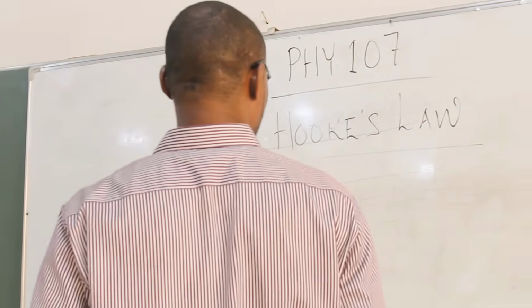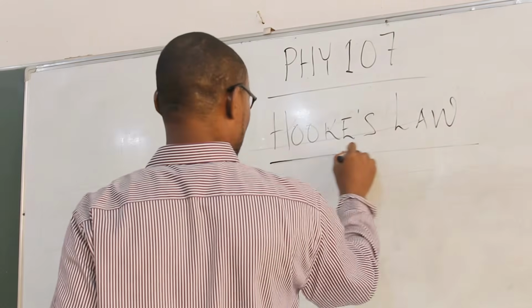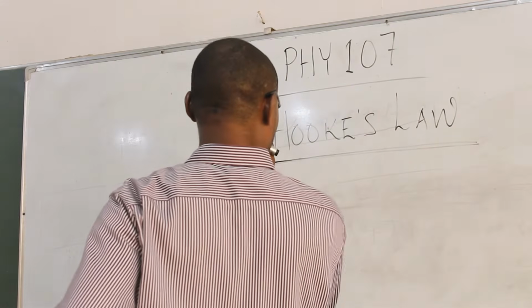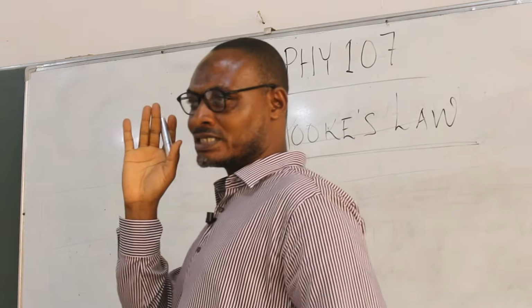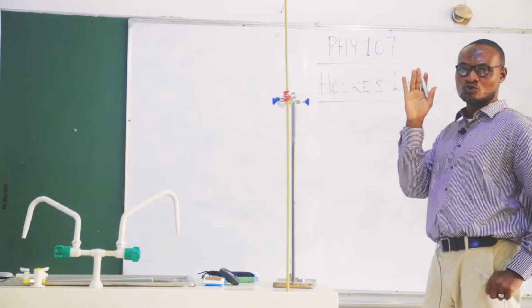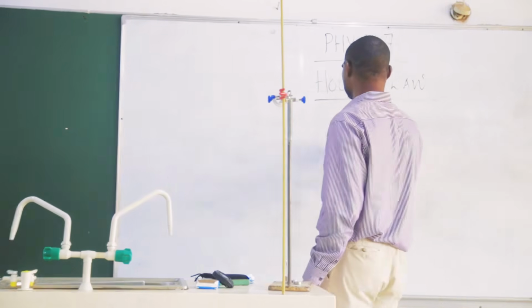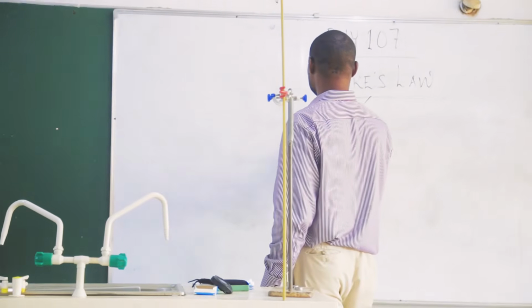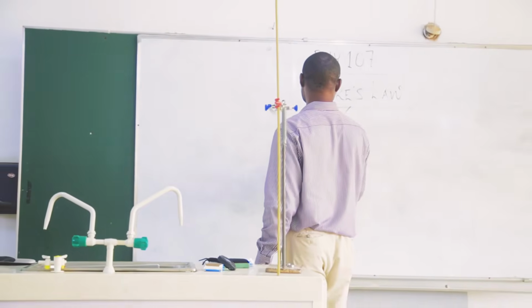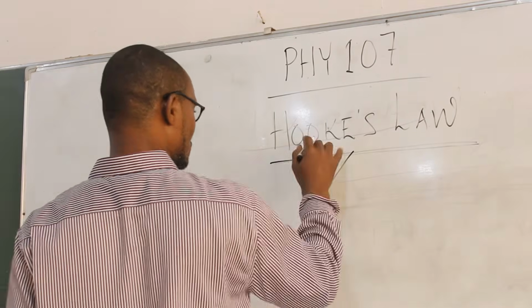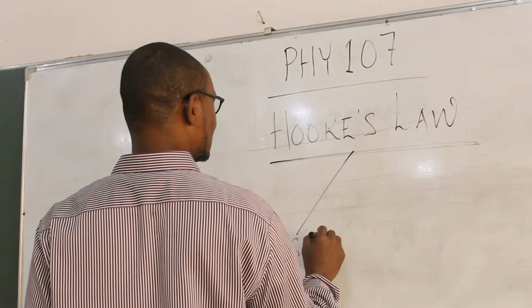Now, back to this experiment on Hooke's law. In our lab, we are going to perform this experiment. It is going to be divided into two parts. The first one is going to be termed experiment 6, which is Hooke's law statics.